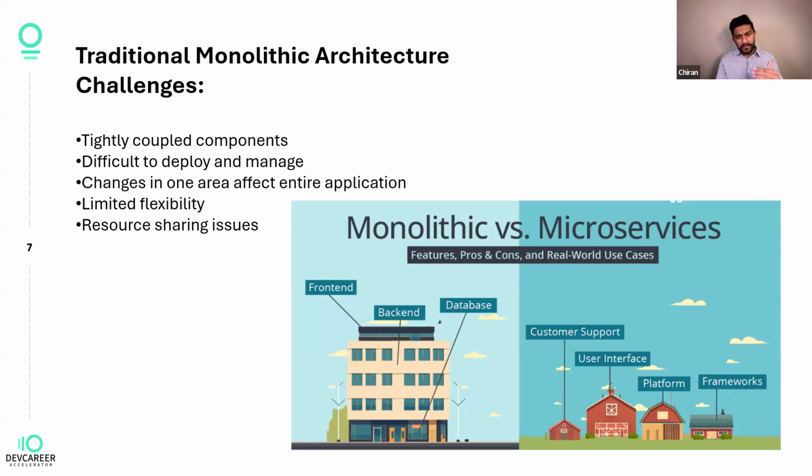So even though they separated the UI, the business part and the database, they were still called monolithic applications until microservices were born. And they did have limited flexibility and resource sharing in the monolithic architecture.